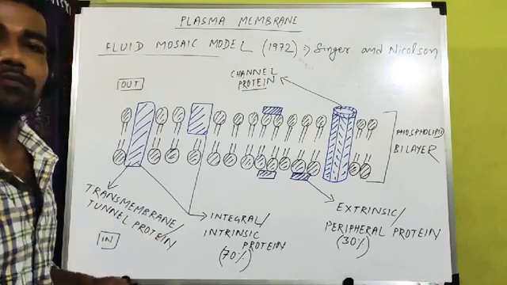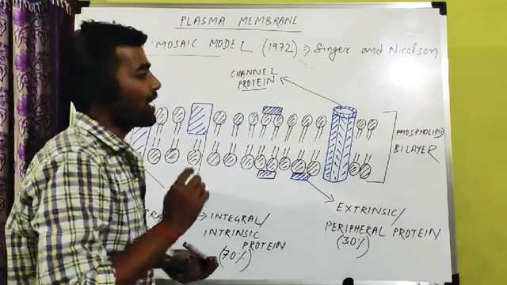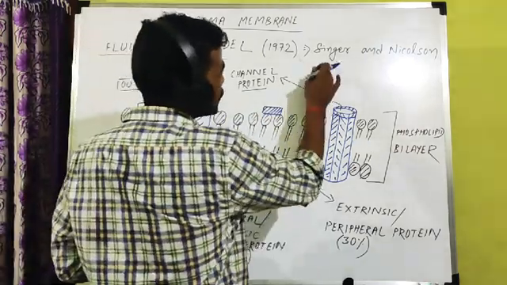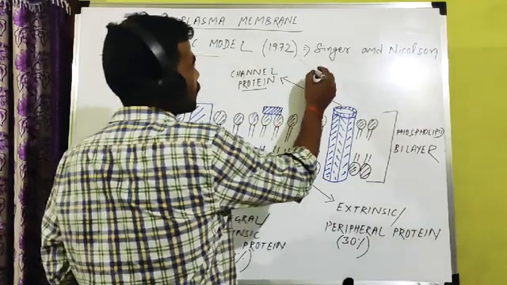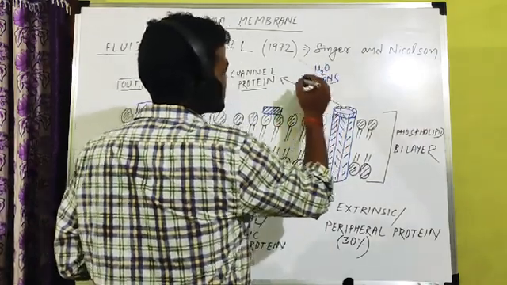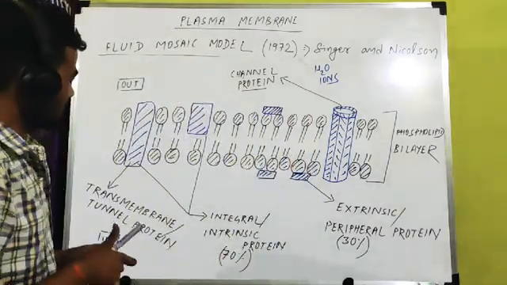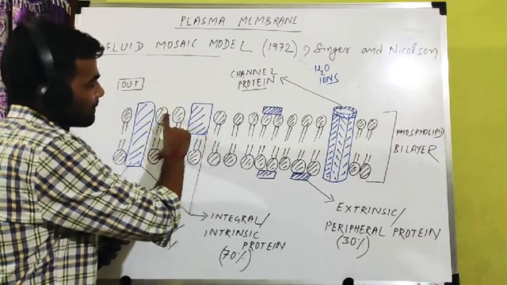But what is the function of this channel protein? This channel protein helps in movement of water and ions from the outer to the inner side as well as inner to outer. This water and these ions cannot pass through the lipids, because if you see here, these are filled with lipid.